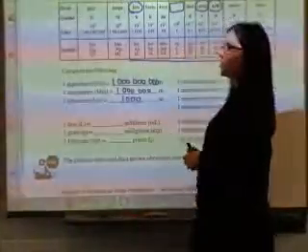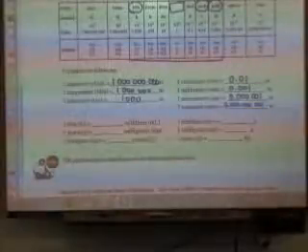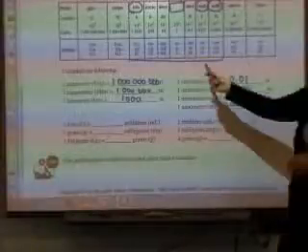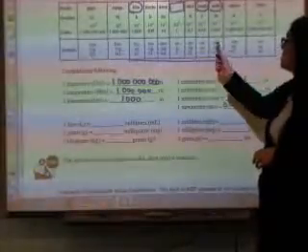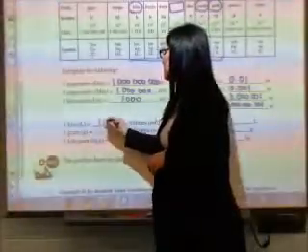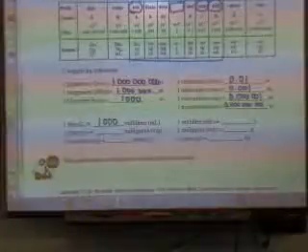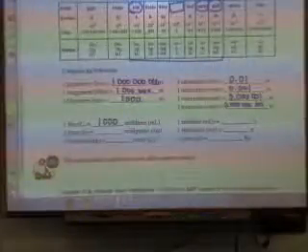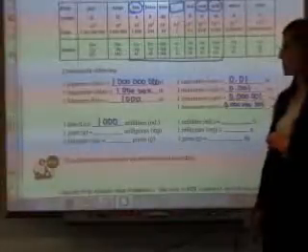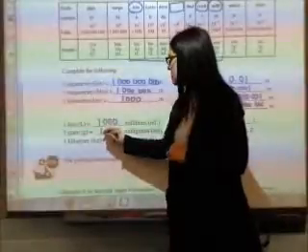How many milliliters in 1 liter? 1,000, because I'm going from liters to milliliters, so I'm multiplying by powers of 10. How many milligrams in 1 gram? 1,000 again.